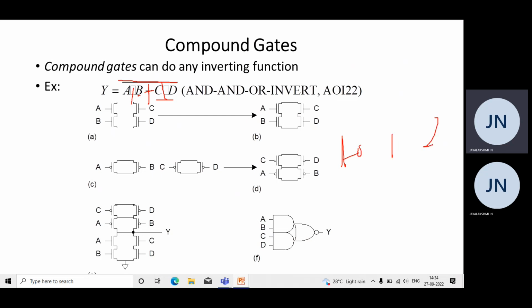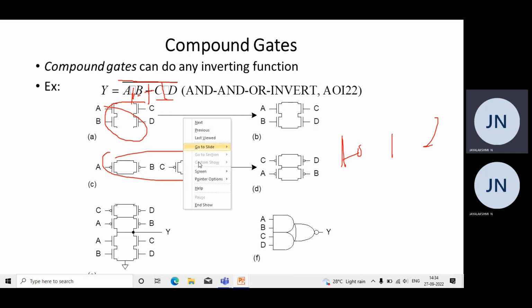For this example, we need to perform the complementary function. First we need to write the pull-up as well as the pull-down network. As we know, the pull-up network consists of PMOS transistors and the pull-down network consists of NMOS transistors. Whenever you have a dot operation, you connect the NMOS transistors in series.